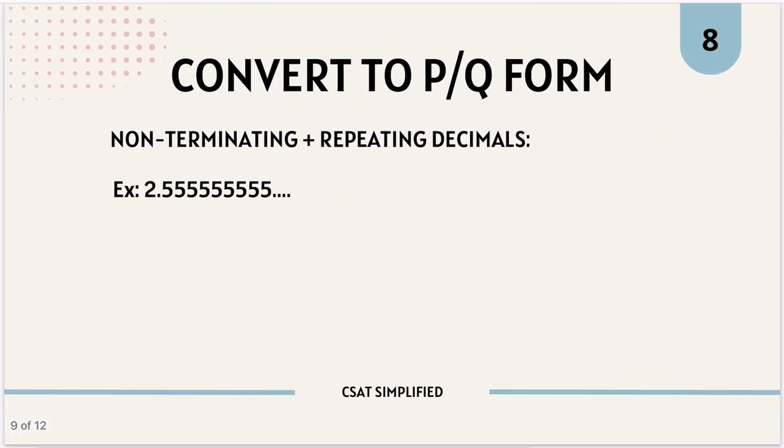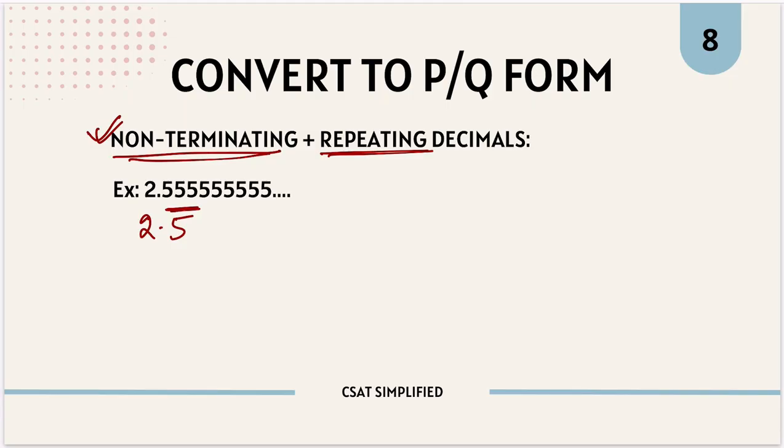Next part. What is the other type of rational number? These are non-terminating, means they are not stopping anywhere, but they are repeating decimals. This is an example given to you. This is 2.5 bar. I hope you understand what bar is. Bar means this 5 is repeating infinite times. Correct?